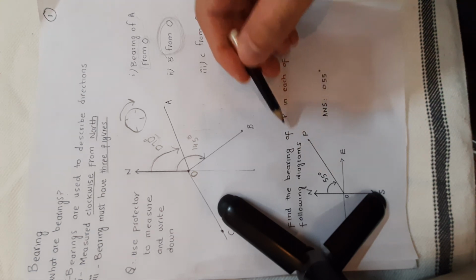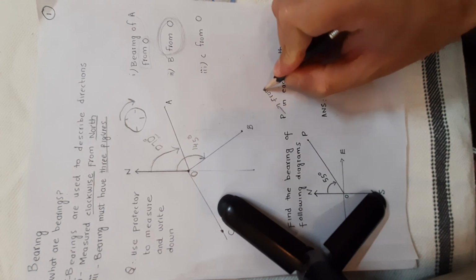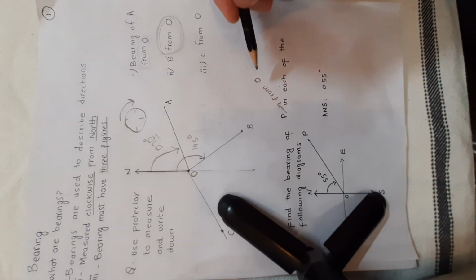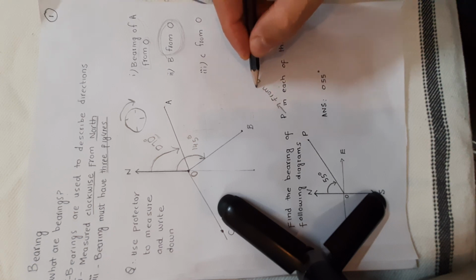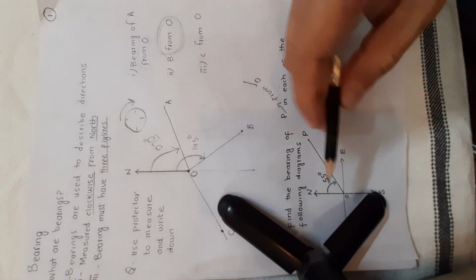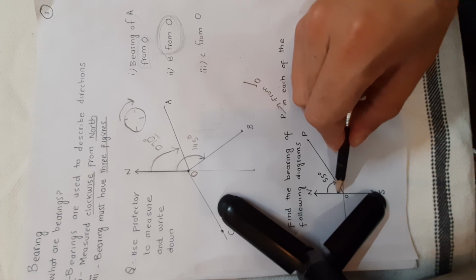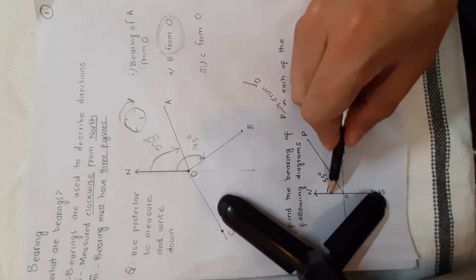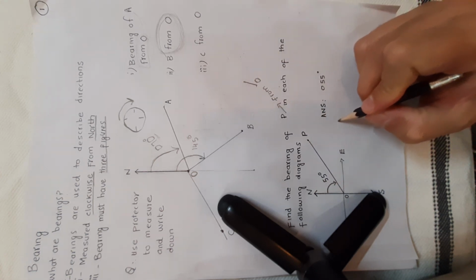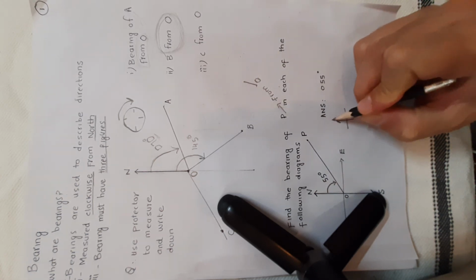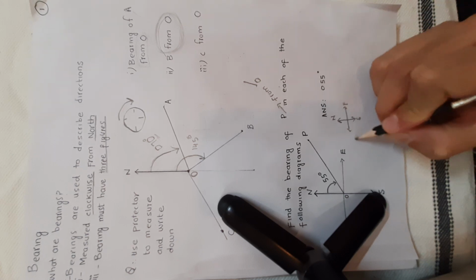You have to measure the bearing of P from O. Now from O means your north should be at O. So north is at O, this is your point O, and this is north. Just adding something over here, this is north, this is south, this is east, and this is west.